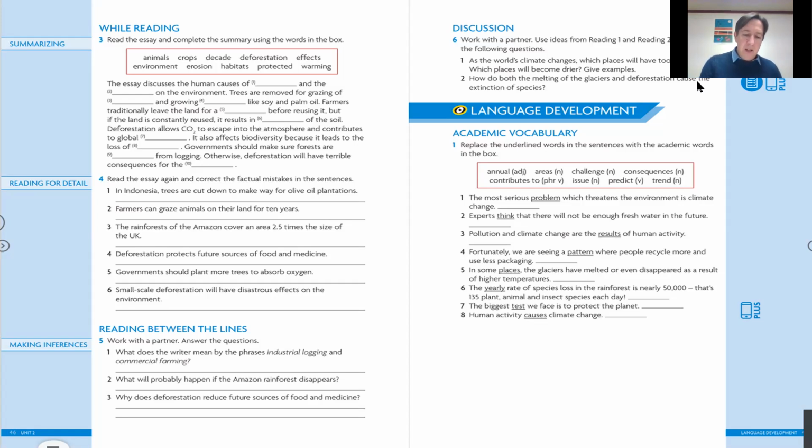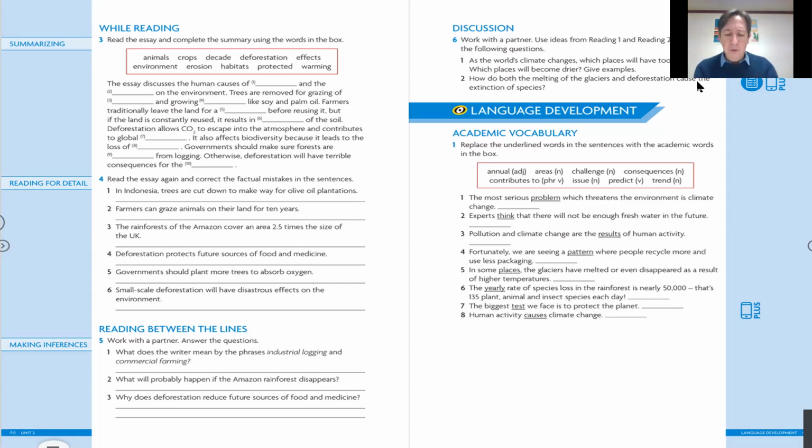The essay discusses the human causes of, what do you think? Deforestation. Number 1, deforestation, and the effects on the environment.